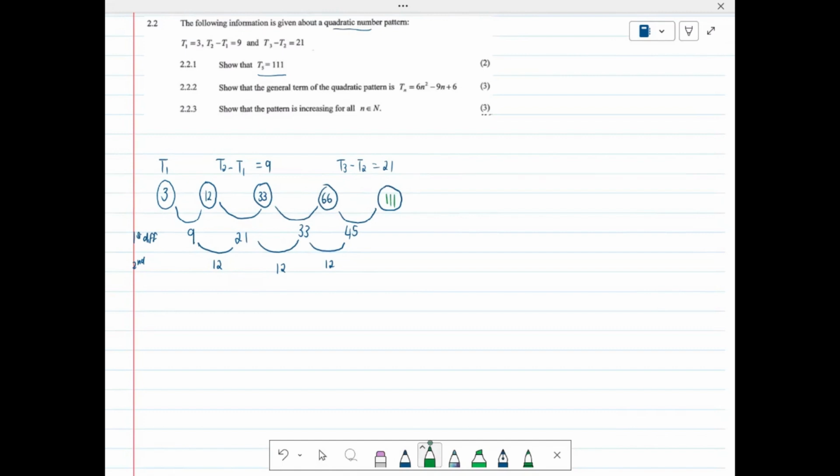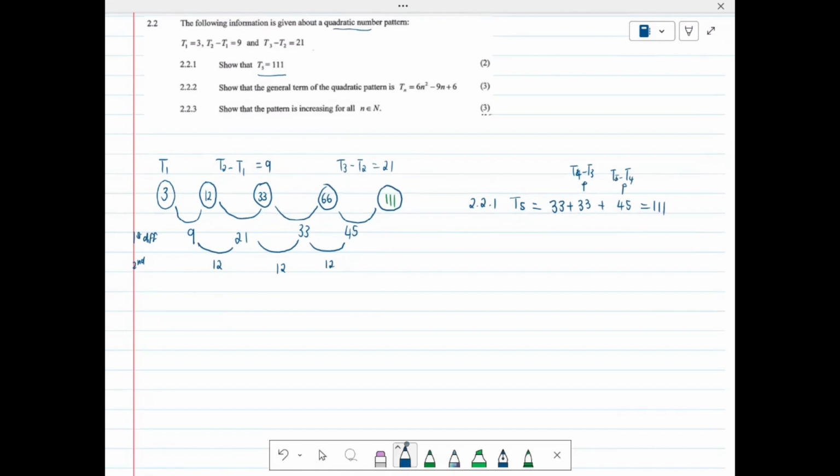So T5 was equal to 33, plus the first difference of 33 from T4 minus T3, plus 45, which was T5 minus T4, which is 111.